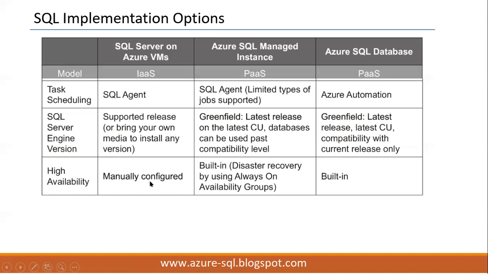High availability we can configure on our own, like log shipping, mirroring, clustering, whatever you want. Built-in disaster recovery by using Always On availability groups is built in here. Here also there is built-in high availability, with geo-replication. There are various major differences between these three features available for SQL databases.